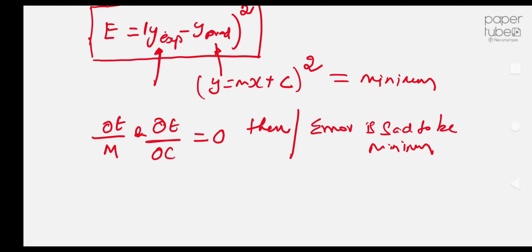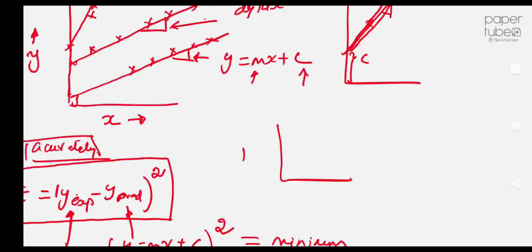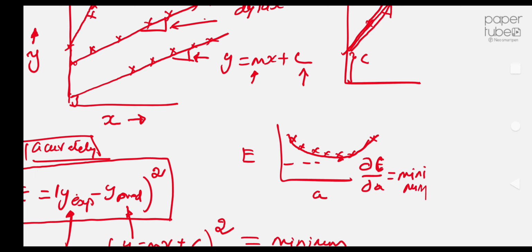In the previous videos I already explained how, if you have error on the y-axis and different a values, and you plot error, you may see a curve that may look like this, and this stationary point is the point where the change in error with respect to a is zero.